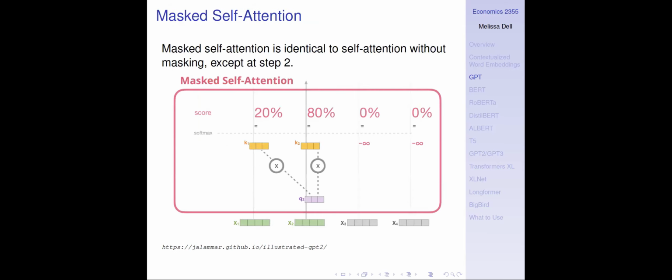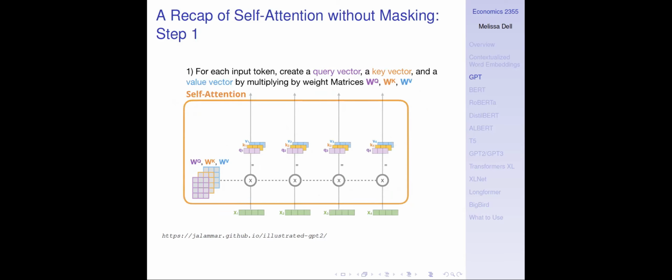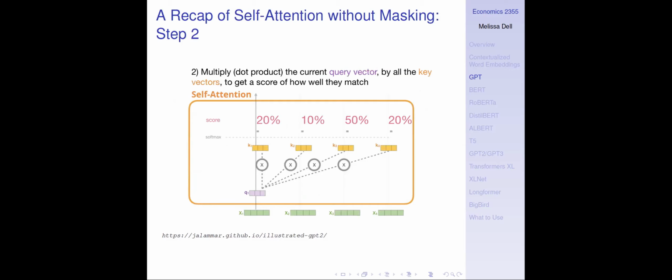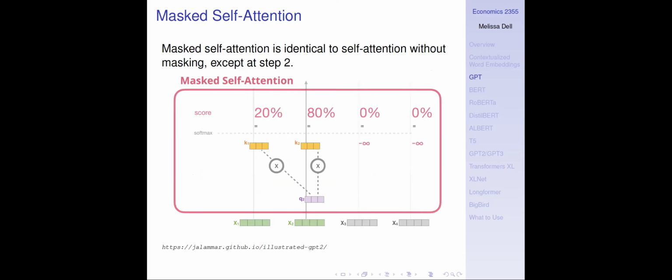And so when we do attention with masking, steps 1, 3, and 4 are the same. What's different is step 2. You're still going to compute these query, key, and value matrices the same. You're still going to do all of these dot products. But what's different is when you get to step 3.